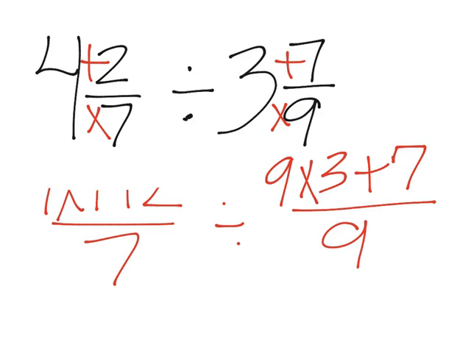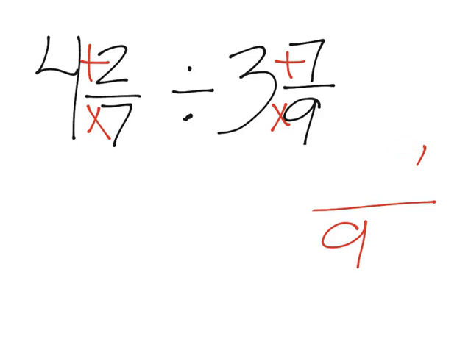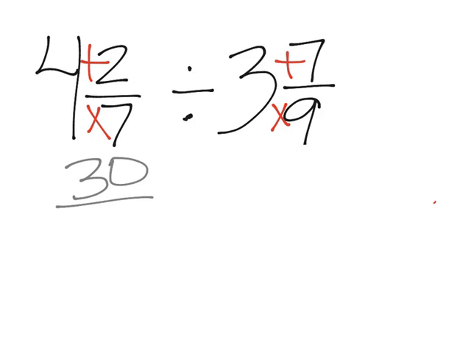Okay? So we're going to solve those out and then get our new fractions. So 7 times 4 is 28. 28 plus 2 is 30. So this becomes 30 over 7.